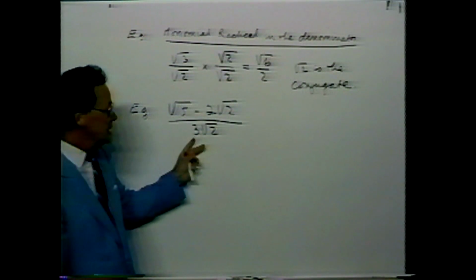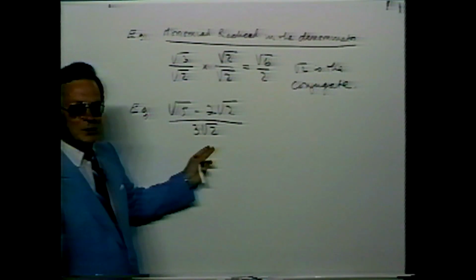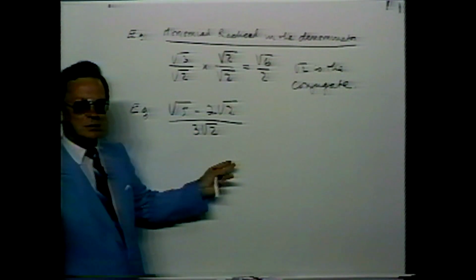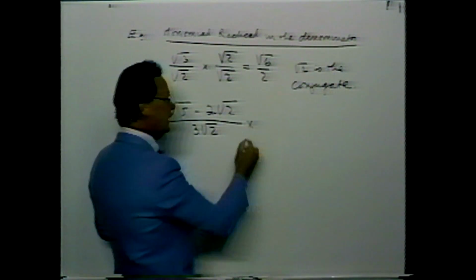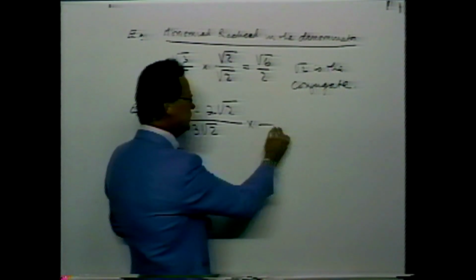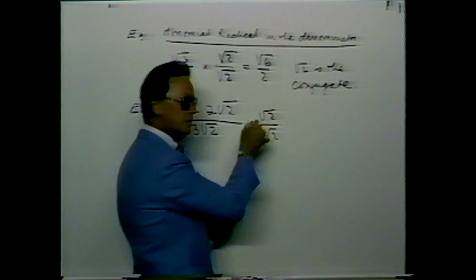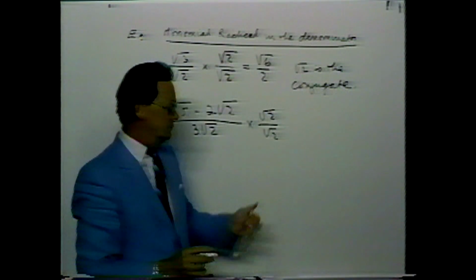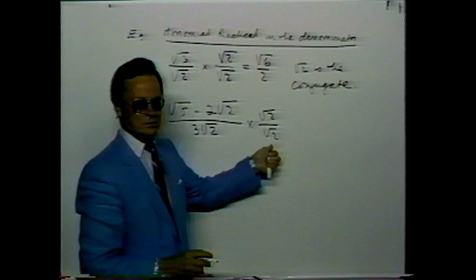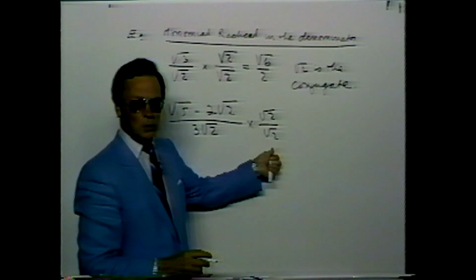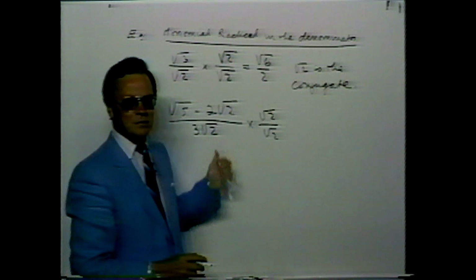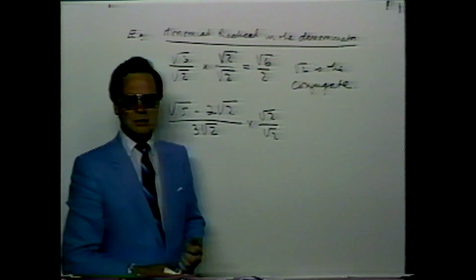And to get rid of the radical in that denominator, I must multiply by this conjugate. I'm going to multiply by a fraction containing root 2, both in the numerator and in the denominator, so that when I'm multiplying this out, which amounts to multiplying by 1, I'm not changing the value of the given fraction.